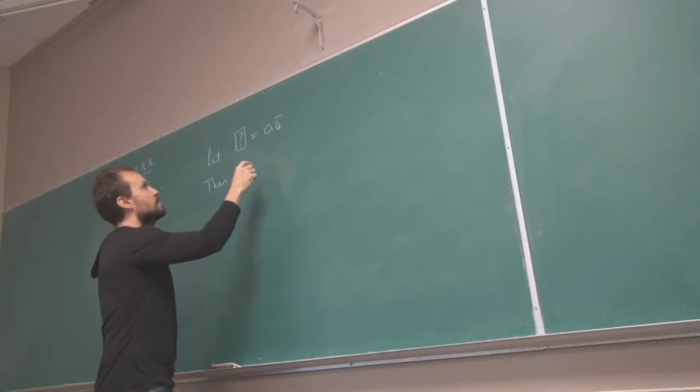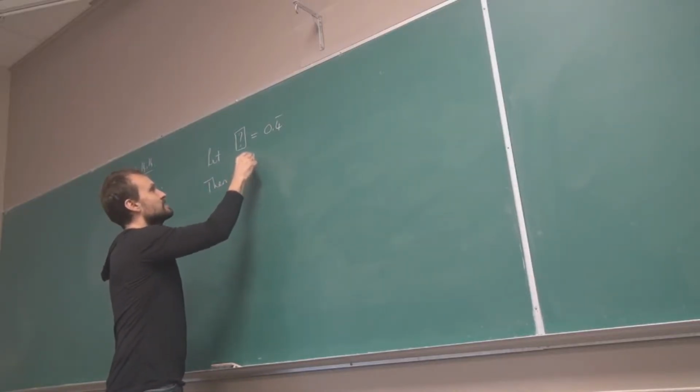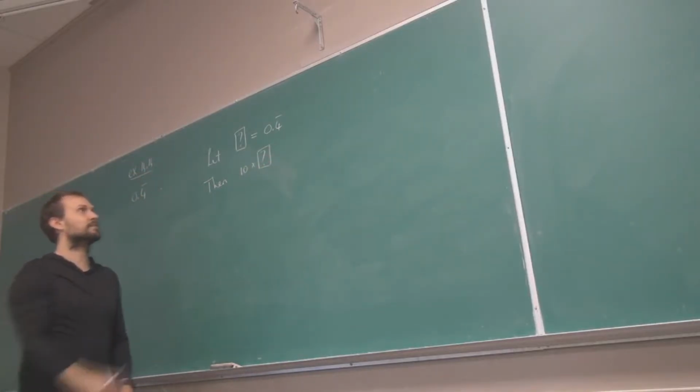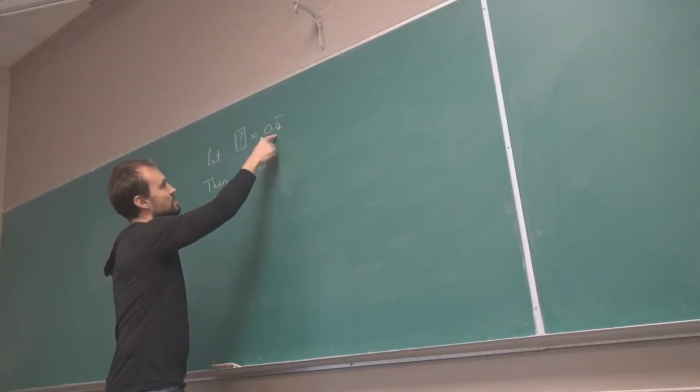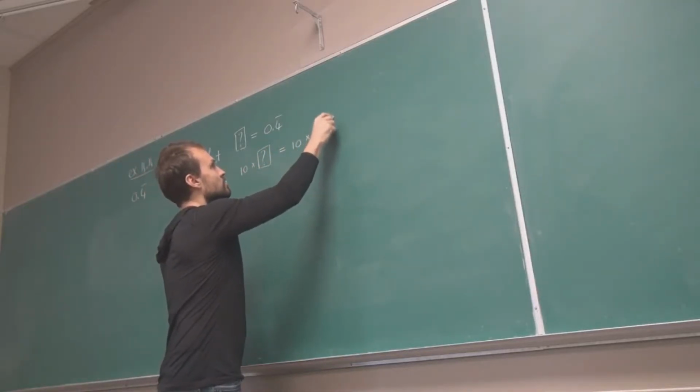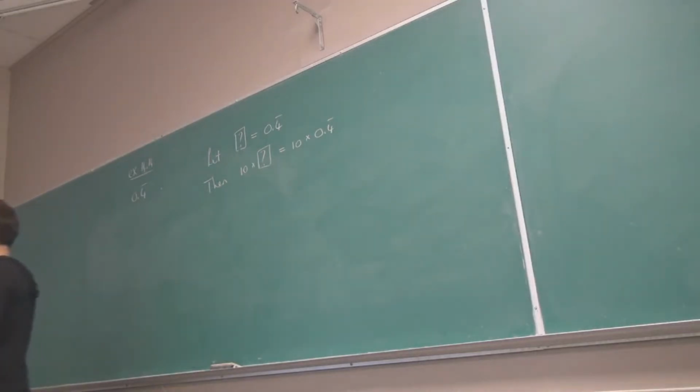So if I multiply the number by 10, this is the number and this is the number. So multiplying both sides by 10 would still give me an equal.